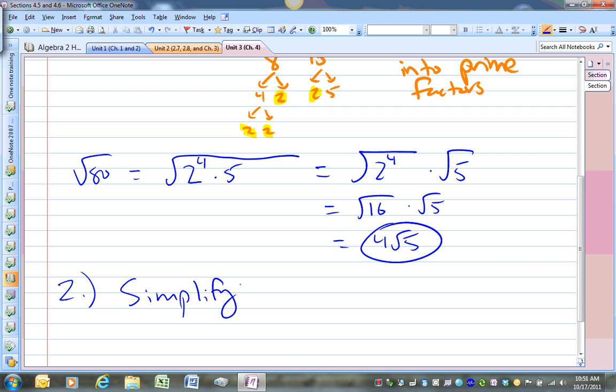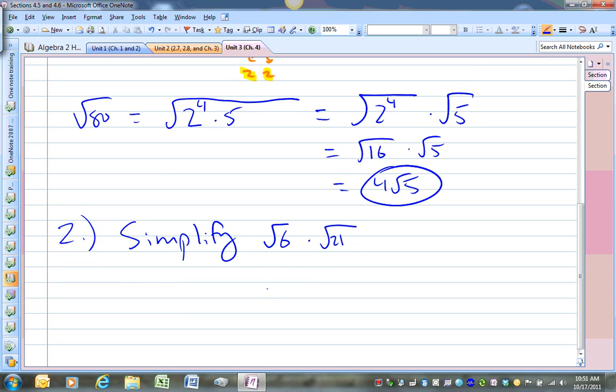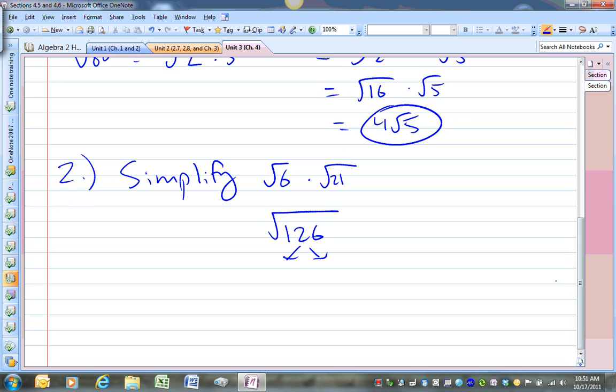Say you're asked to simplify root 6 times root 21. So you can multiply the two numbers together to get 126. Break it down. That'll be 6 and 21, that's what we got from earlier. 2 and 3, 3 and 7.